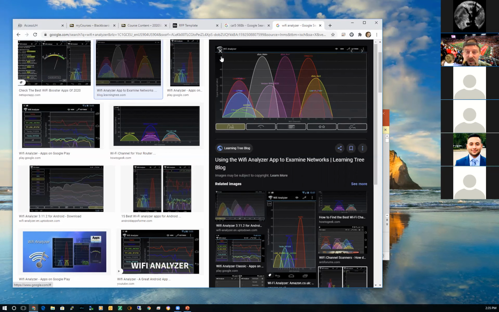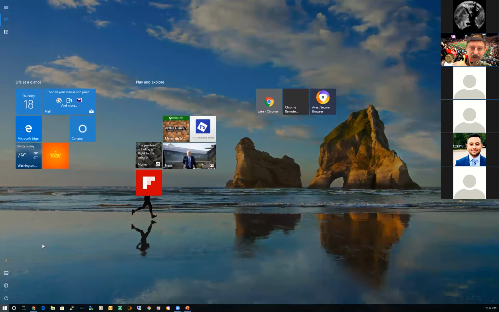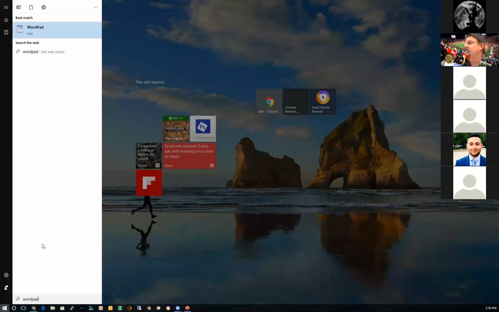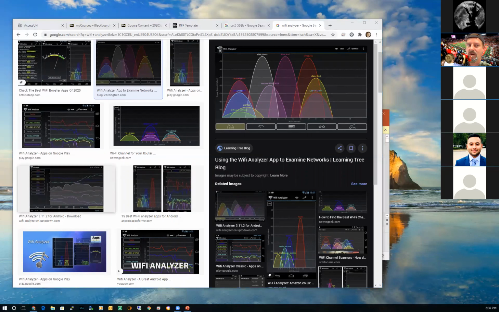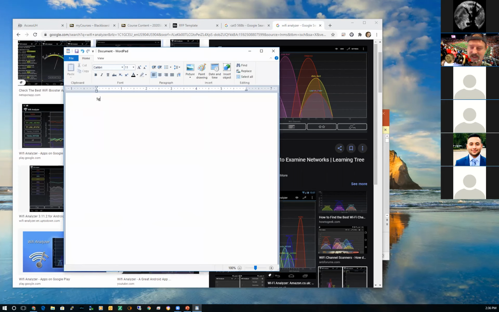We're going to learn this later in chapter 7: there's 2.4 and 5.0 gigahertz, which are radio ranges, not to be confused with 5G.